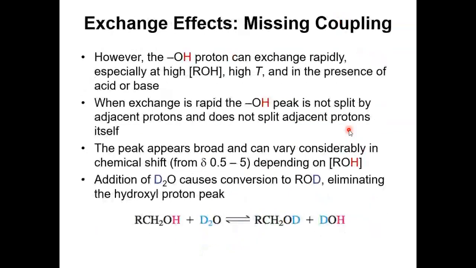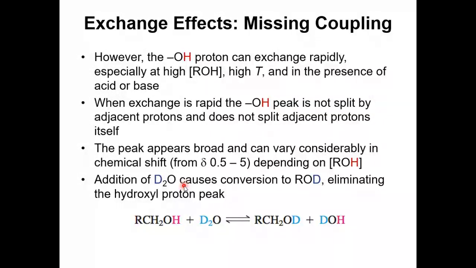But there's one easy way for us, and it's highly reliable. It's not 100% reliable, it's 99% reliable. A very reliable way to identify an OH proton is to add D2O. D is deuterium, so D2O is the heavy version of water. D2O has two OD groups, and OD groups chemically are very similar to OH groups. That's an isotope.